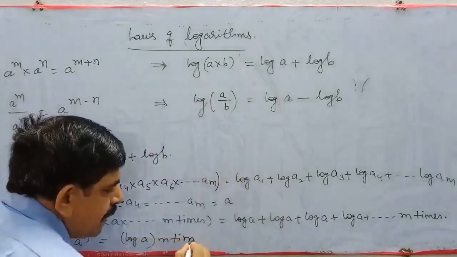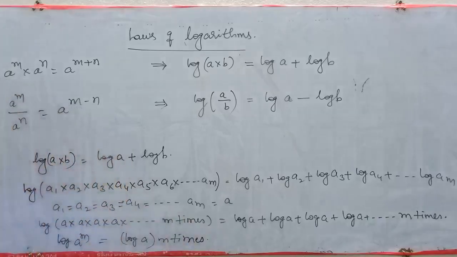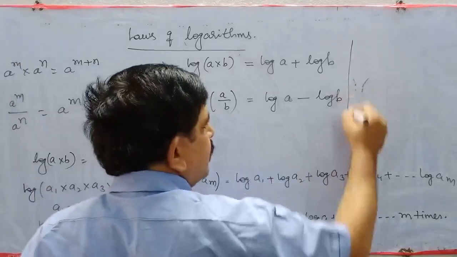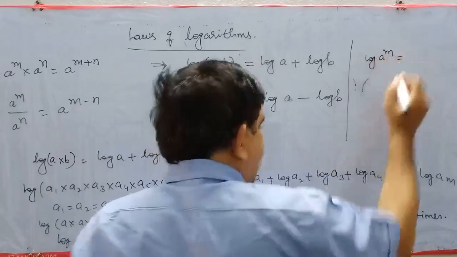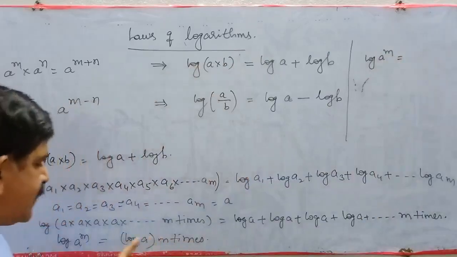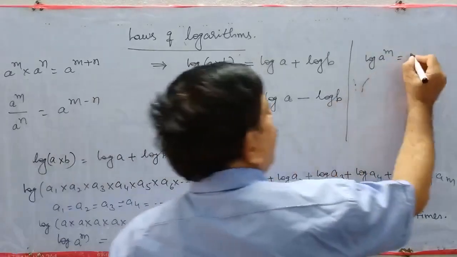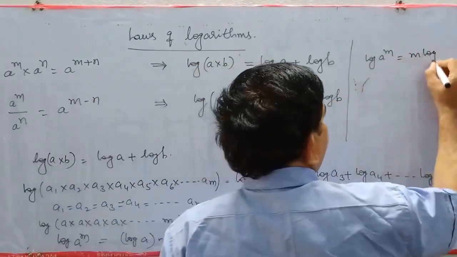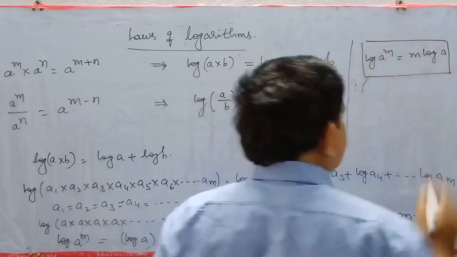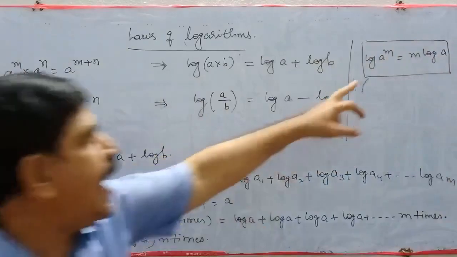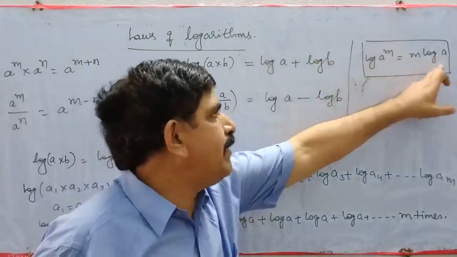Okay children, so log a to the power of m can be written as m times log a, that is m log a. Okay children, understood this one? So log a to the power of m is equal to m log a.